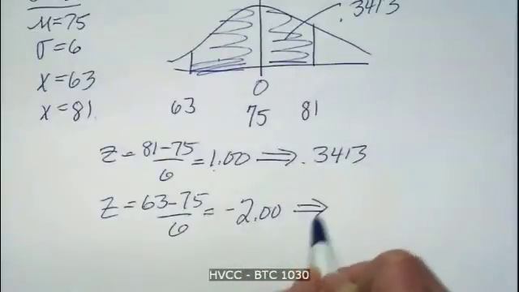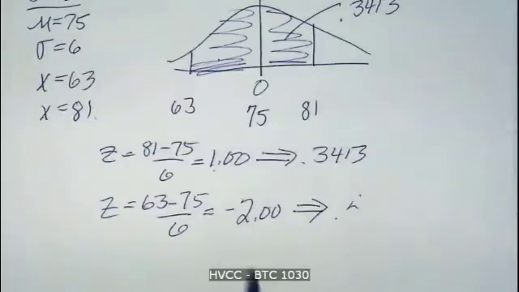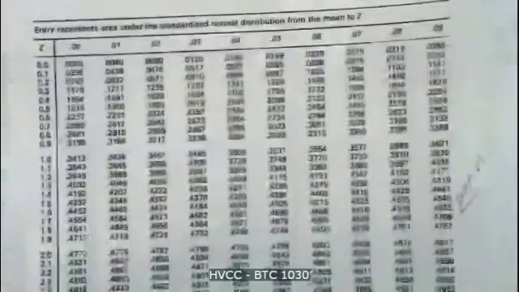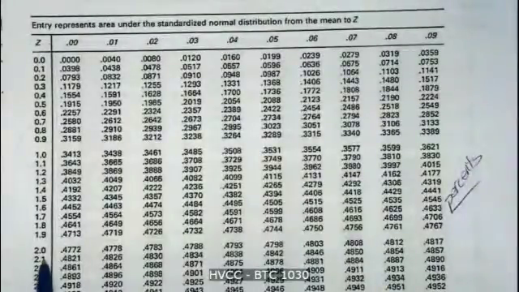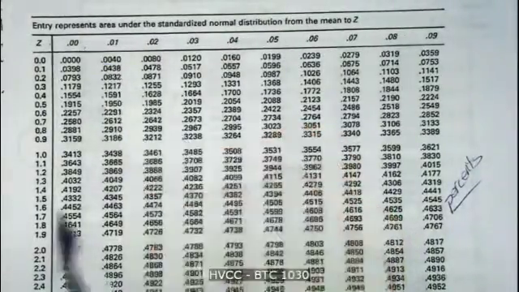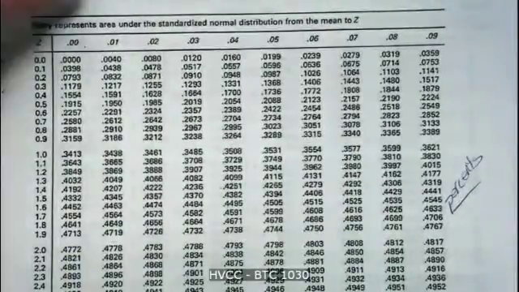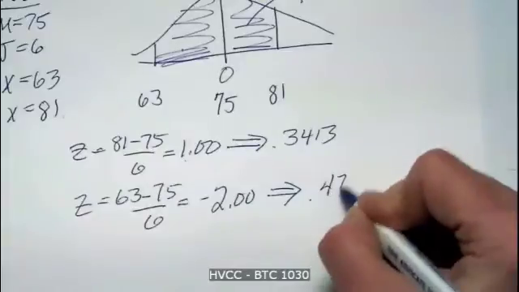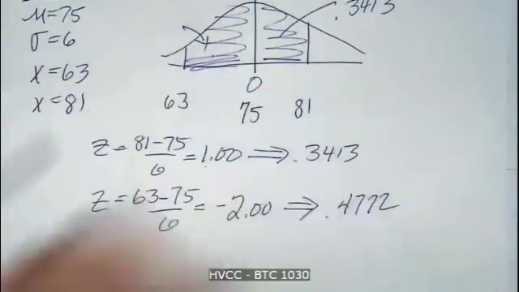We look that up in the table, 2.0, and we get 0.4772. Again, that's that area.